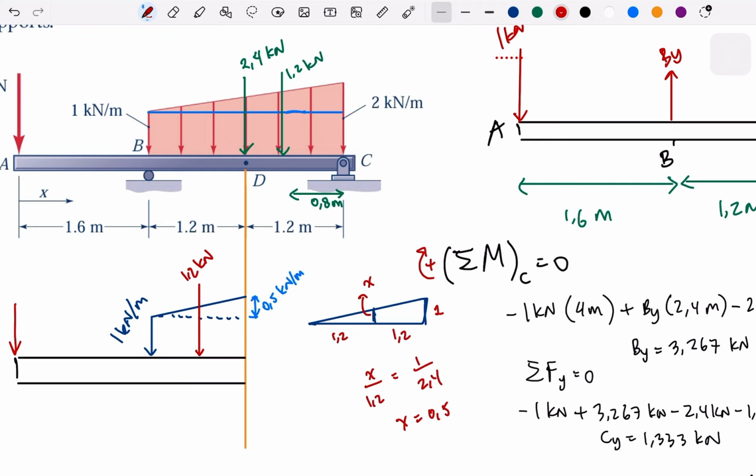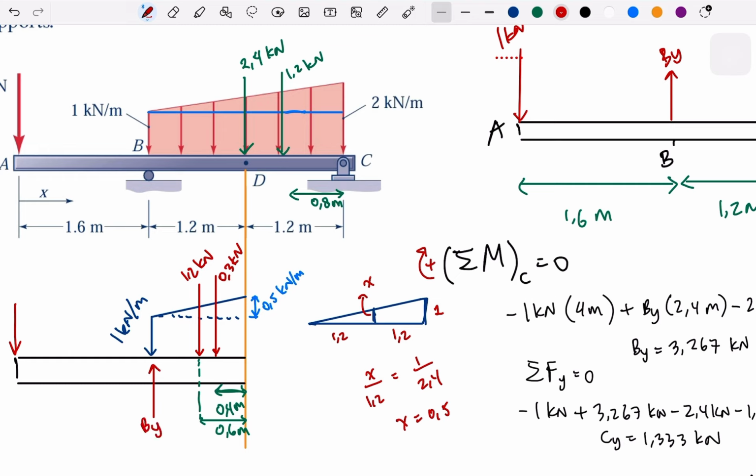Since we have 1.2, it should be 0.4 from the right. So let me write here, maybe around here. Okay, so I think we get all, and then still the same, we get the B here, right? This is BY.